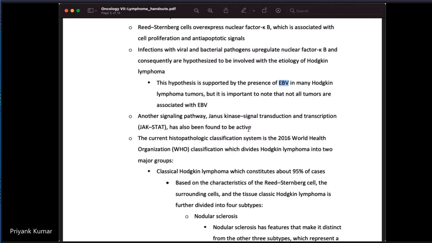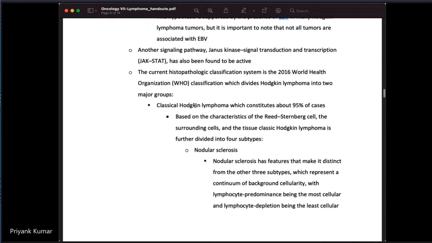Now, you remember I said that the classification that we follow is the WHO classification. Okay, and WHO has classified Hodgkin's lymphoma into two: classical Hodgkin lymphoma that constitutes about 95% of the cases. Okay, it is characterized based on the presence of Reed-Sternberg cells.